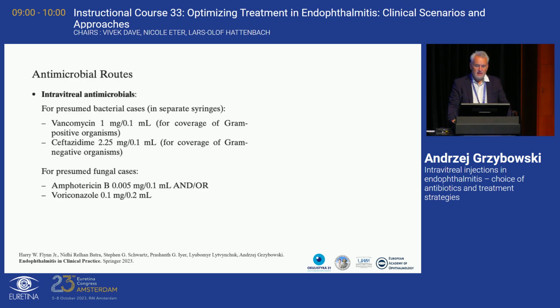So what are the intravitreal antimicrobials for presumed bacterial cases? Of course, vancomycin for coverage of gram-positive organisms, ceftazidime for coverage of gram-negative organisms, and for presumed fungal cases, amphotericin and/or voriconazole.